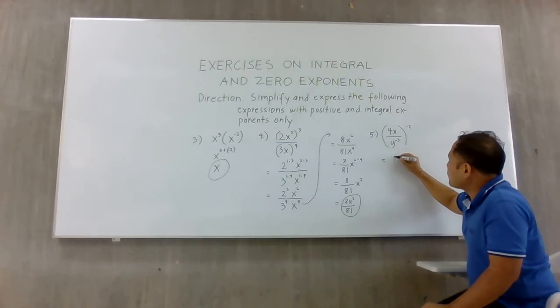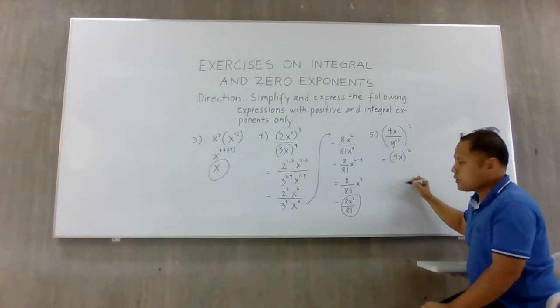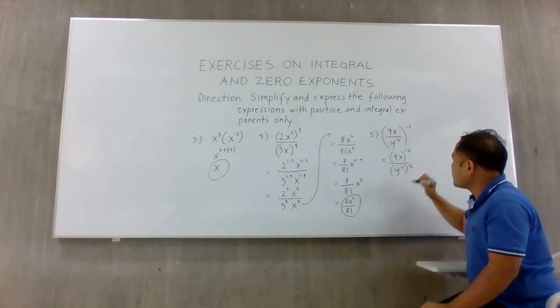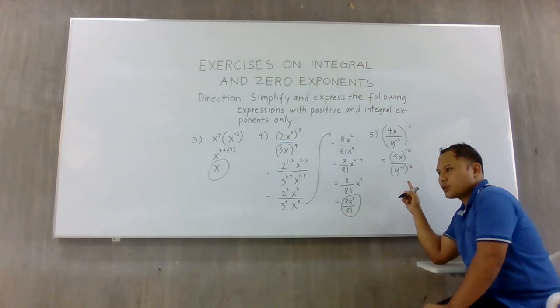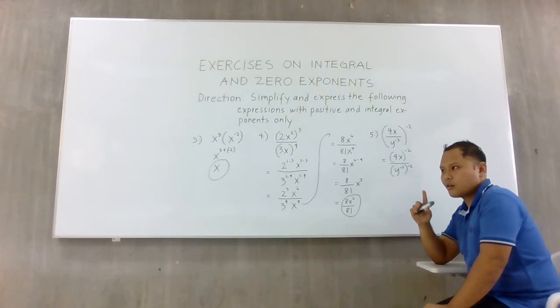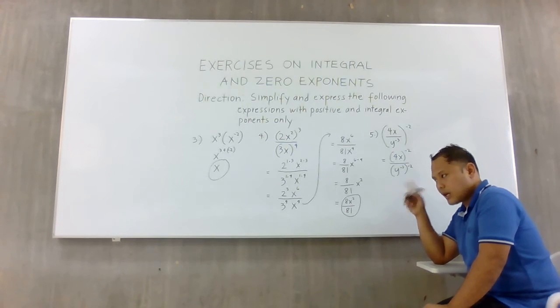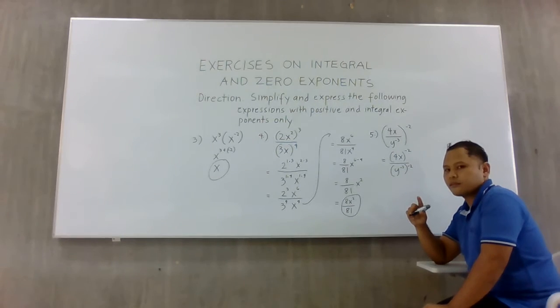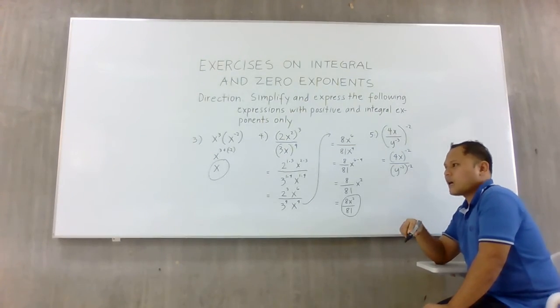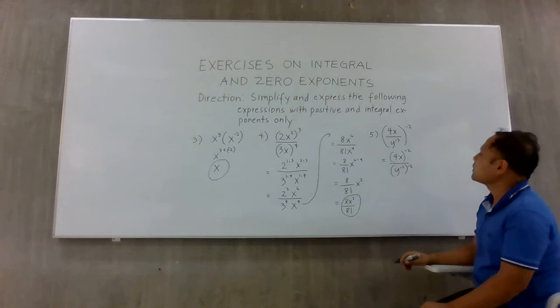So we can have 4x raised to the power of -2, and then y raised to the power of -3 is also raised to the power of -2. This is the application of a certain law of exponent. Please recall that law of exponent. For today, I just apply it directly.